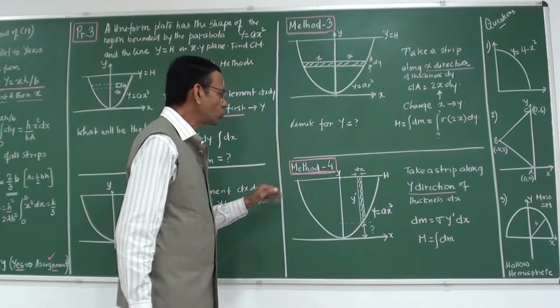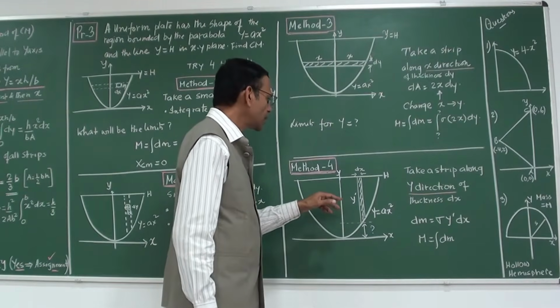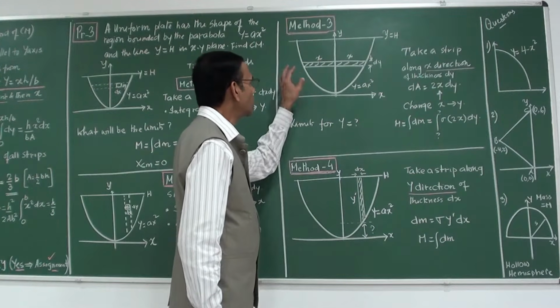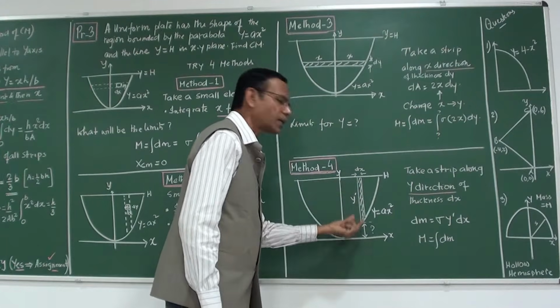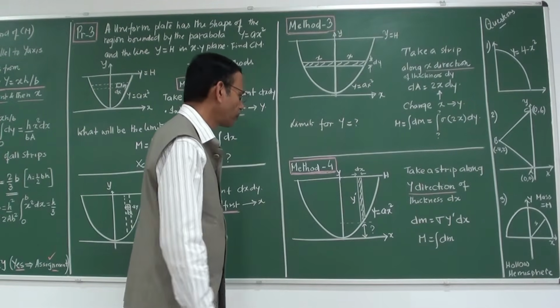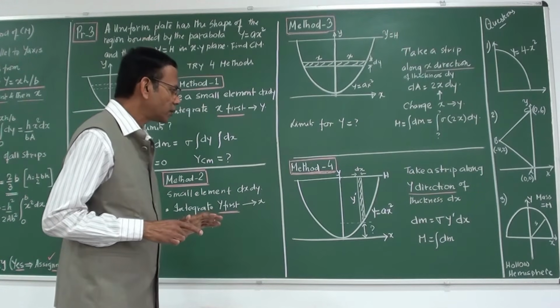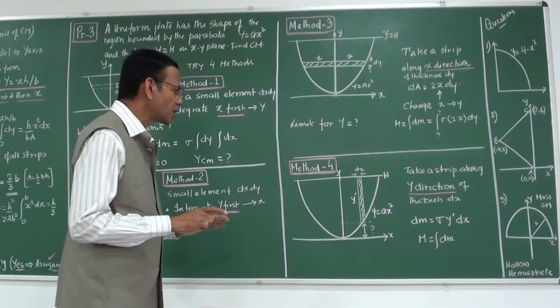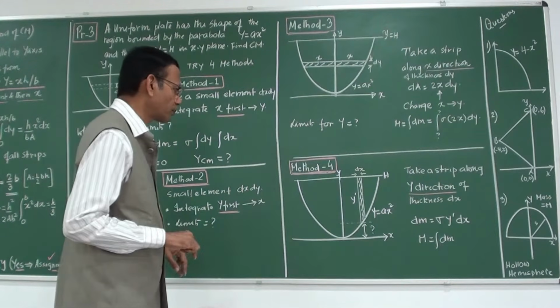Then let us come to method 4. Suppose I choose a strip not horizontally, but vertically. Now as you see, the things are difficult, it doesn't make sense over here.